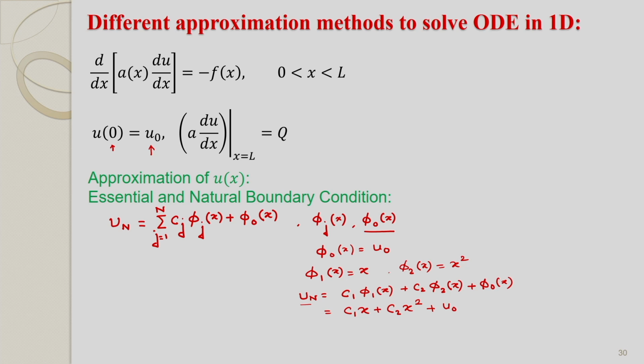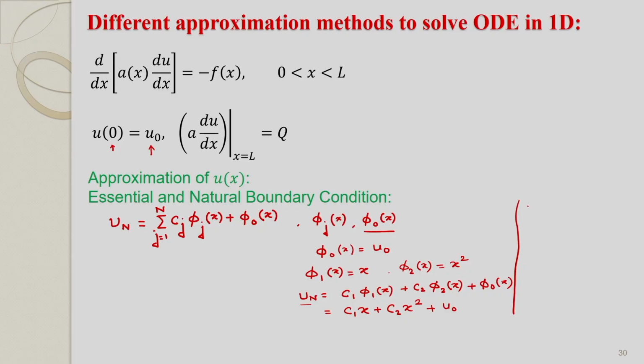Now, if we modify the given boundary condition as u at x1 equal to u naught, then phi naught should be u naught, that is the non-zero essential boundary condition, and phi j should take care of this boundary condition point, that is we can take phi 1 x as x minus x1.